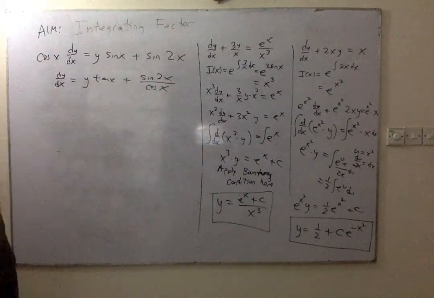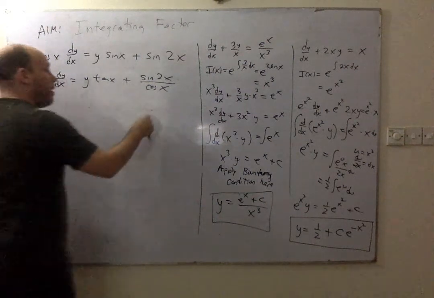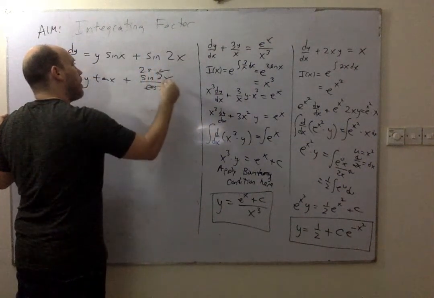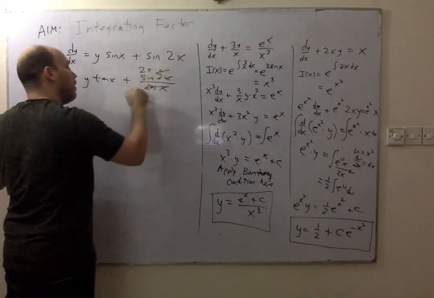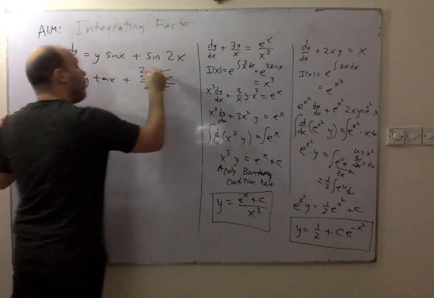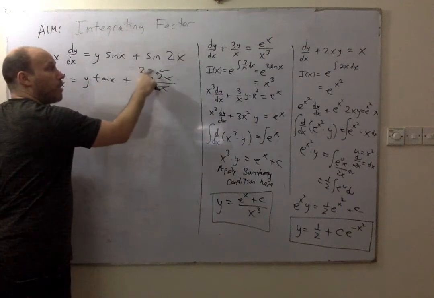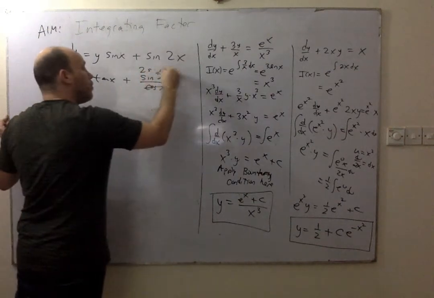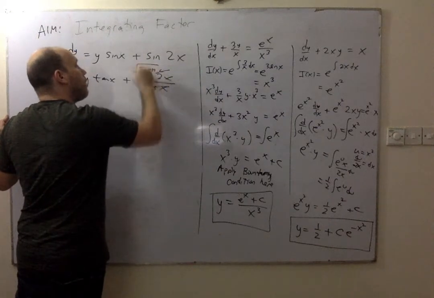What can we do here? Well, sine of 2x is 2 sine x cosine x, divided by cosine. This is equal to 2 sine.